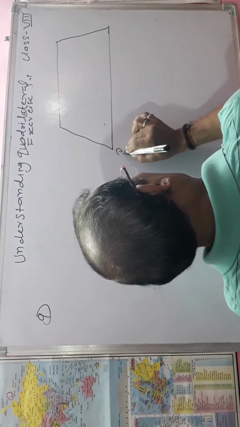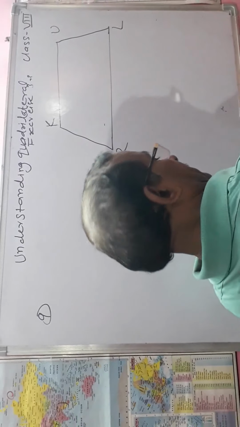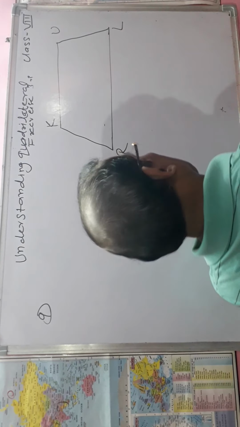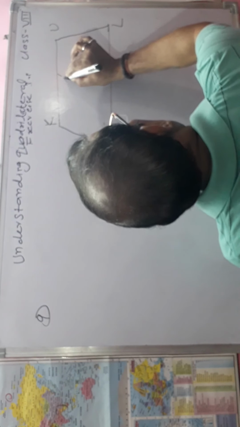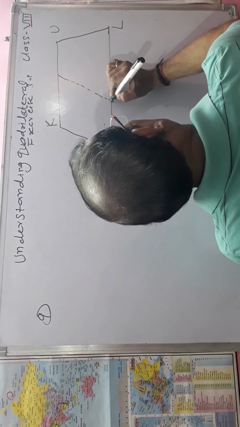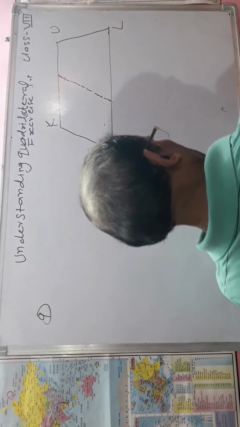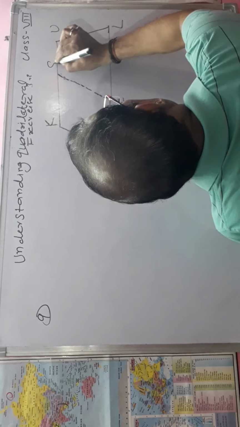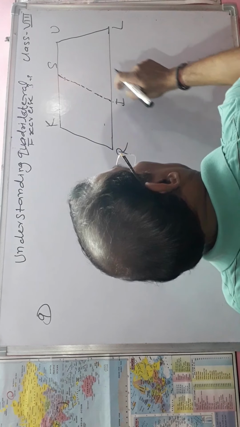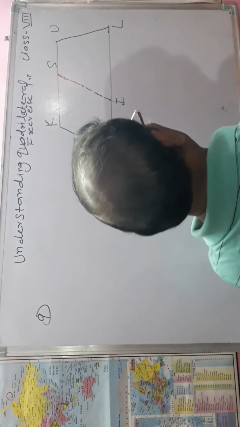RLUK is a trapezium, but we have to draw a line which will become parallel to KR. It is IS. So KRIS, or RISK, will become a parallelogram.